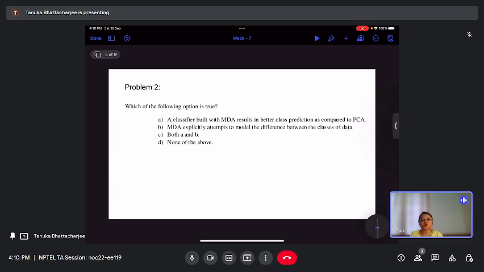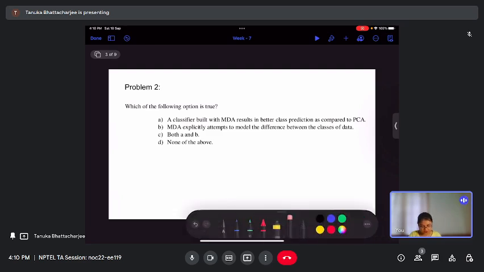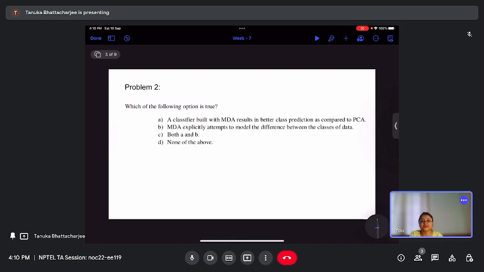But you do not put any constraint, or you do not at all focus on the class separability, whether that is maintained after projection or not. That is not taken into account in case of PCA. But when you go for MDA, you are finding the direction by trying to maximize the class separability and minimize the intra-class difference.